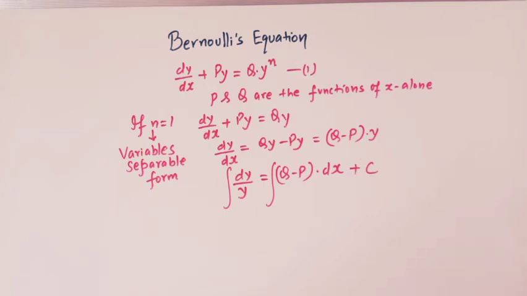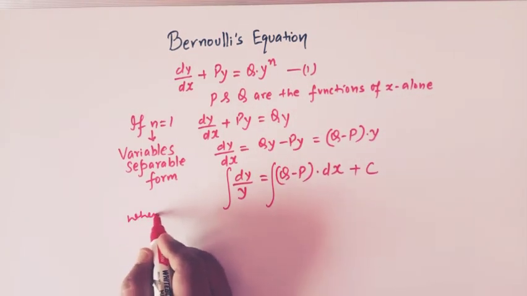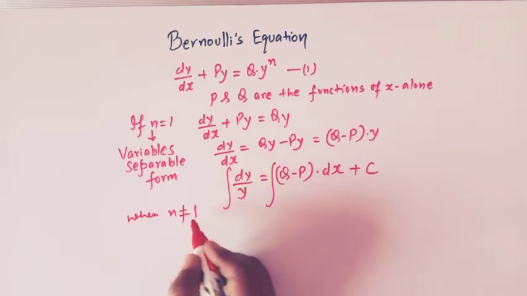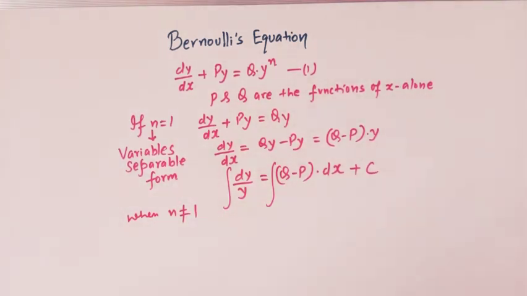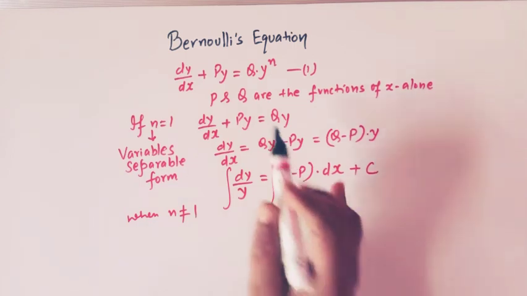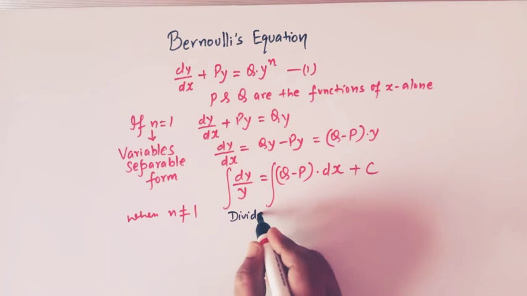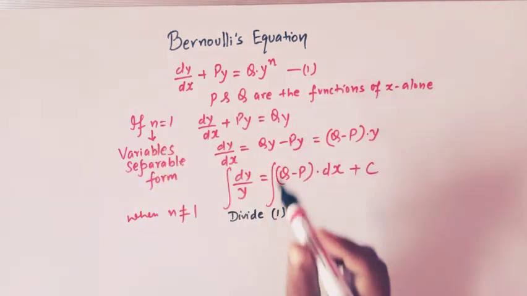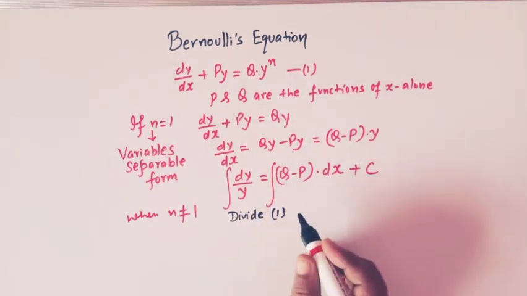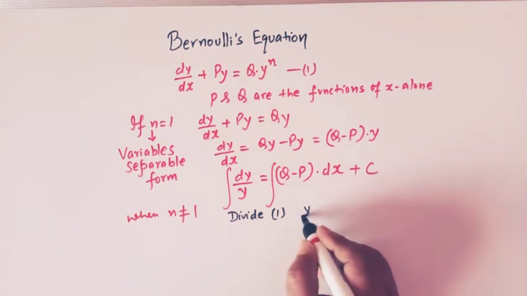But we are interested in solving this equation when n is not equal to 1. So when n is not equal to 1, we divide equation 1 throughout by y^n.